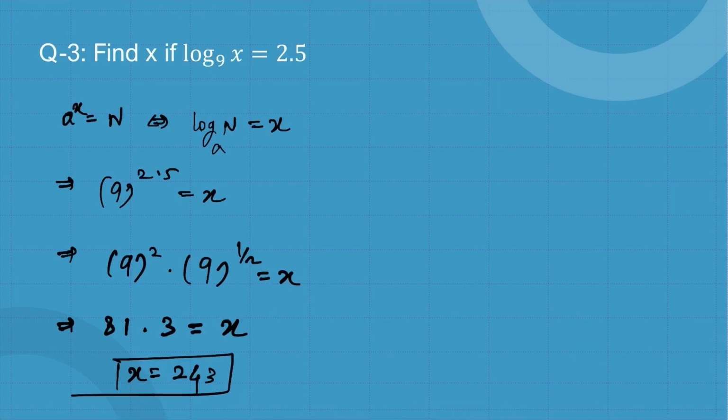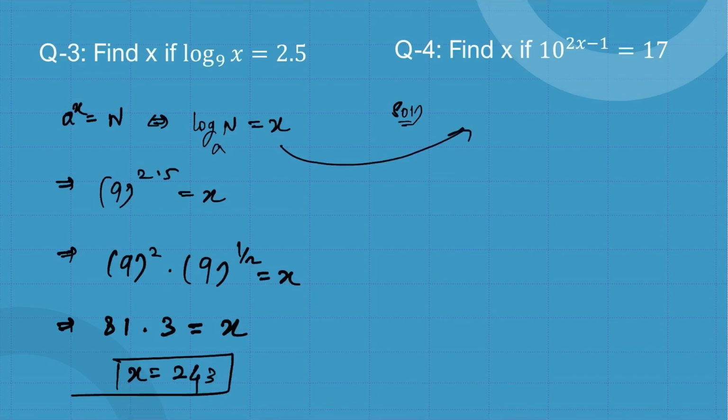So we can easily find the value of x with the help of the definition of logarithm. In question number 4, we have to find x if 10 raised to the power 2x minus 1 is equal to 17. Applying the same definition of logarithm, we find that log of 17 with base 10 will be equal to 2x minus 1.